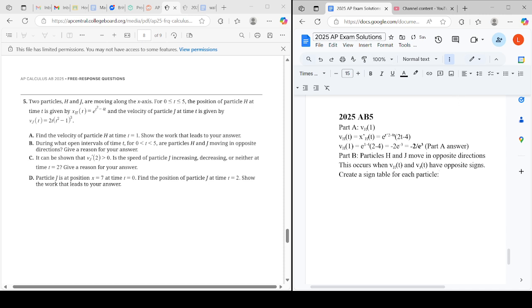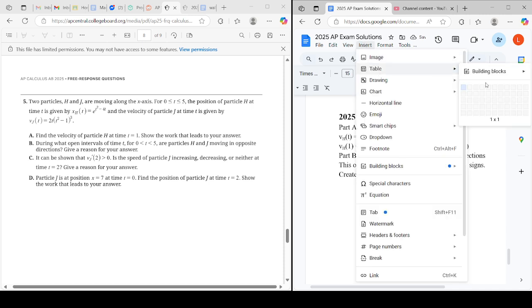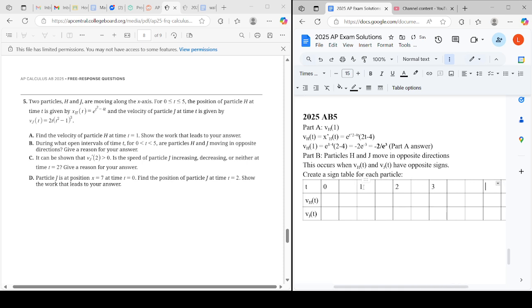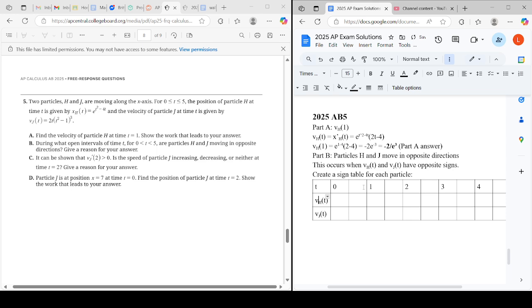I'm going to create a table here. There's going to be quite a few rows here, I'm going to make a few extra just in case. Time, v sub h of t, and v sub j of t. This is going to be important. We're going to have 0 here in between, and then 2, 3, 4, 5.